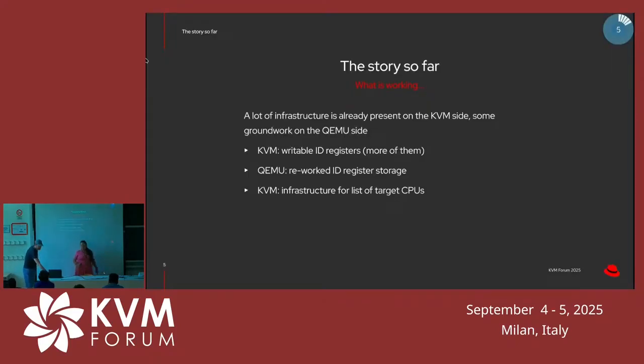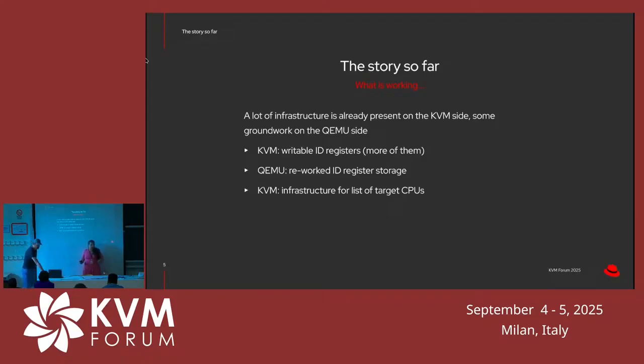So what has happened since 2 years ago when I first talked about this? We have been going on with ARM CPU models for a long time, and we've actually made some progress. There's that thing in KVM called writable ID registers. We have more and more ID registers that are actually writable. We need this to be able to configure stuff from the VMM side.